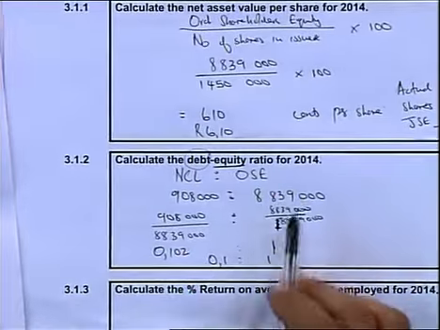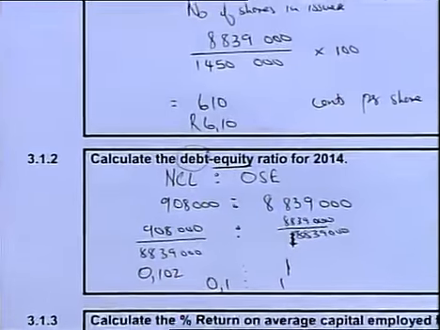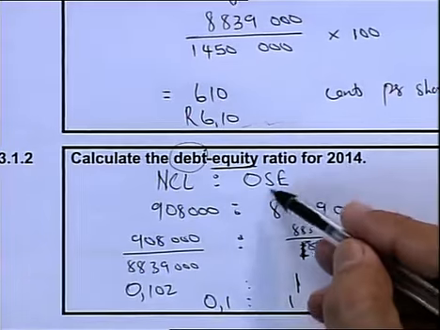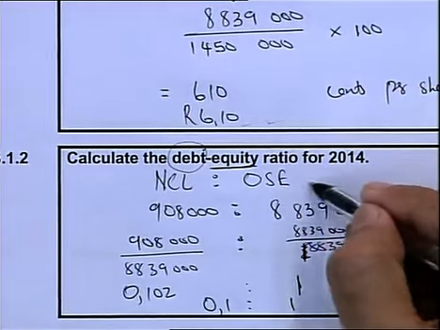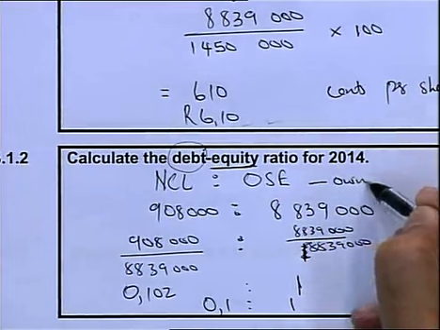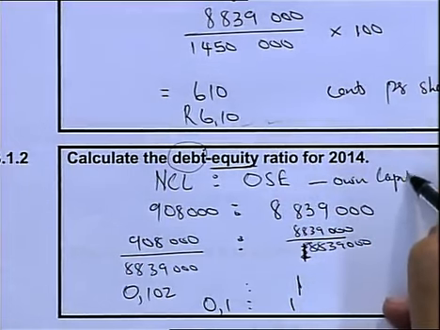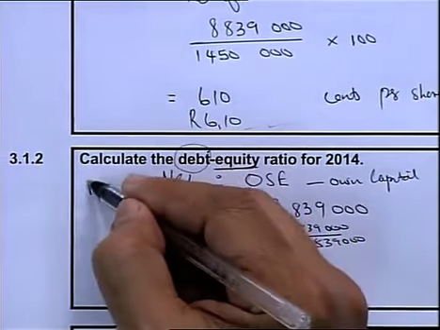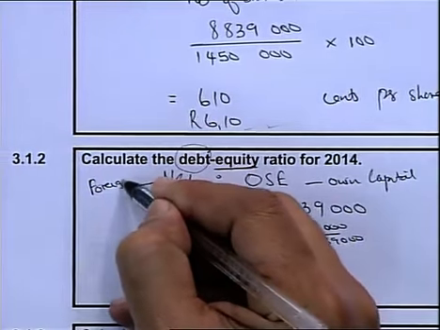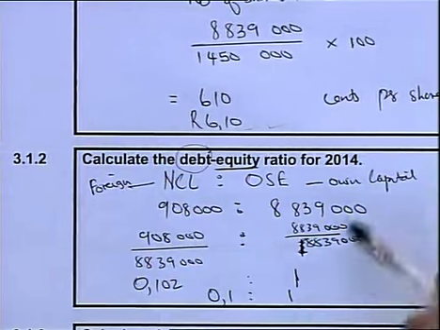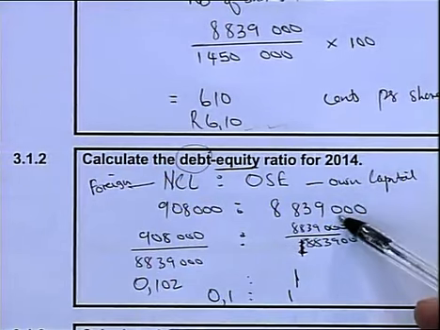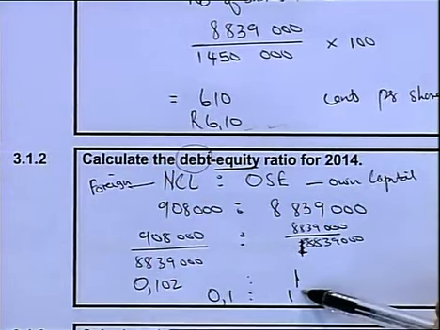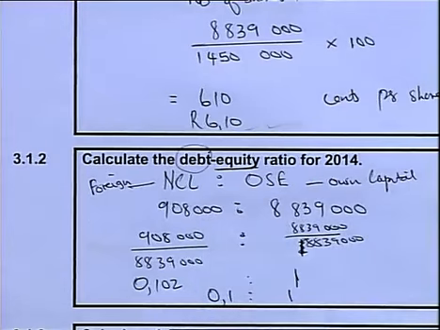Okay. What does this mean? It means that because the owner's equity refers to own capital and the non-current liabilities is foreign capital, that's the money that we're going to borrow from the bank, right? Can we see that we are using more of our own capital compared to the foreign capital?